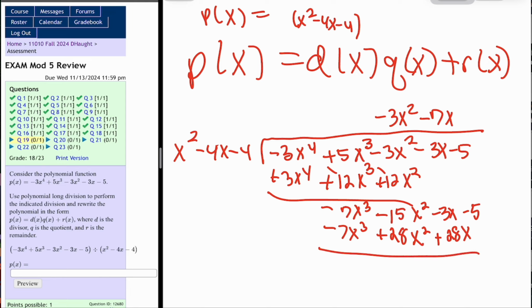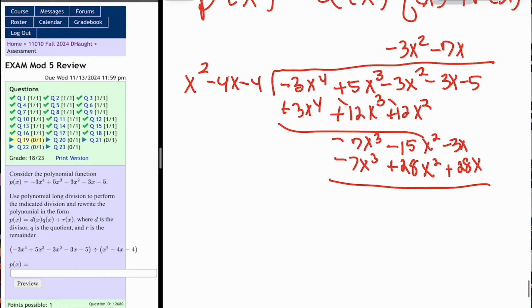I only need 3 terms. We are changing the sign of all, so that's plus, minus, minus. The x cubes go away. Negative 15 and negative 28 is negative 43x squared, minus 31x.